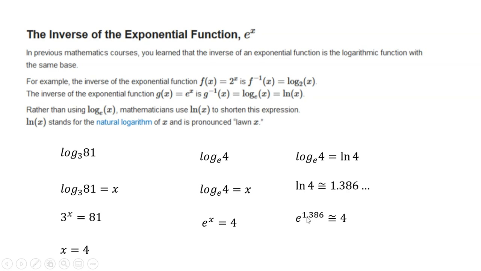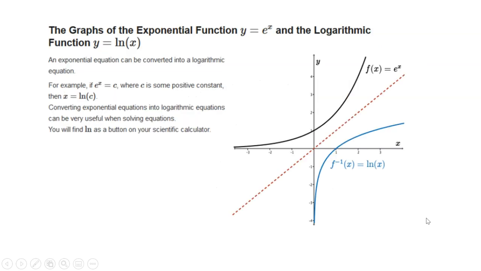Remember, a log, and I've said this to my class when I was doing advanced functions with them, think of a log as an exponent. So if the ln of something is this number, then that number really represents an exponent on the base of e. Just as this 4 represents an exponent on a base of 3, if it's a base 3 log. Okay, so that's all that this e is all about.